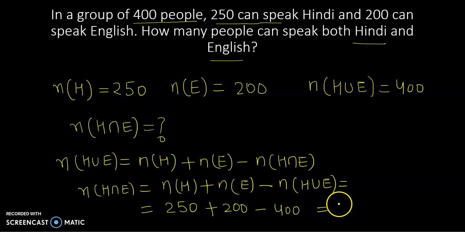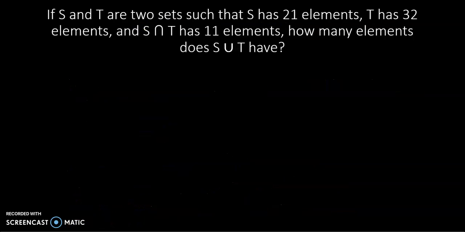If you solve this, it gives you 50. That means 50 people speak both Hindi and English.